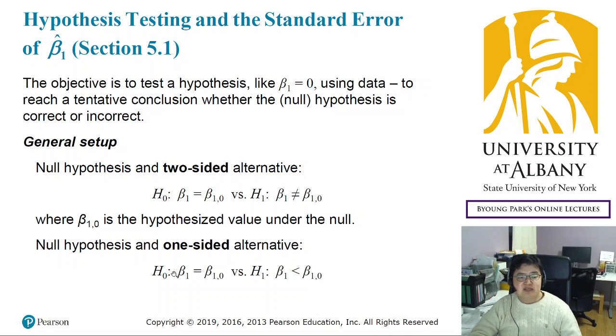But in some cases, the null hypothesis and a one-sided alternative can be written in this way. The null hypothesis is the same. We have one value, but the alternative is only on one side. In our example, student-to-teacher ratio and test score, suppose my hypothesis to test is that the student-teacher ratio has no impact on the test score.